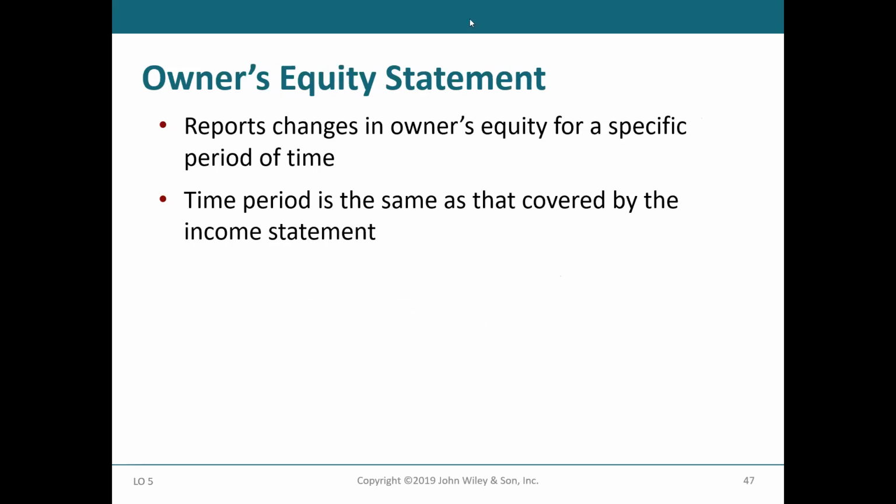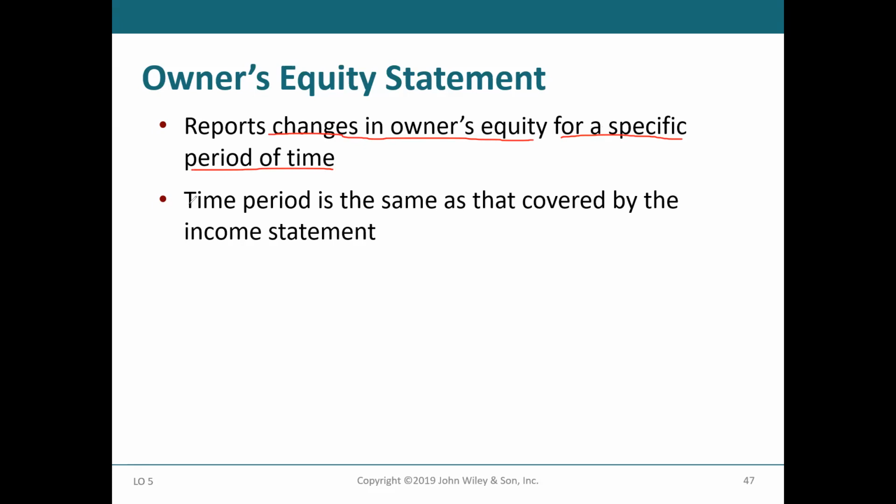The owner's equity statement shows the changes of owner's equity for a specific period of time. Again, a specific period of time is like a period from January 1 to June 30, or from January 1 to March 31. It shows how the owner's equity changes for a period of time.